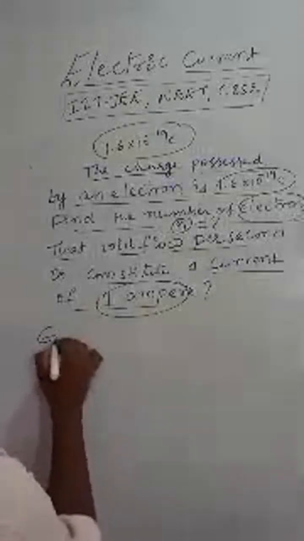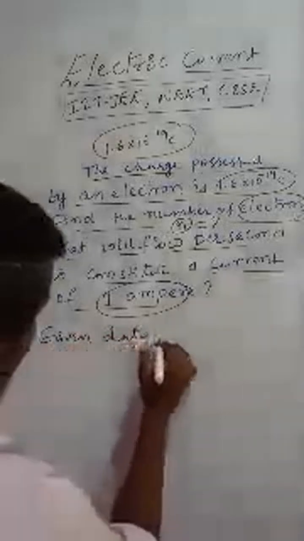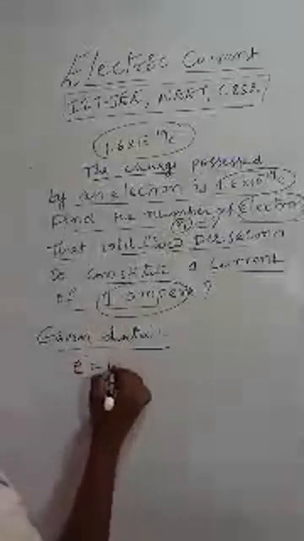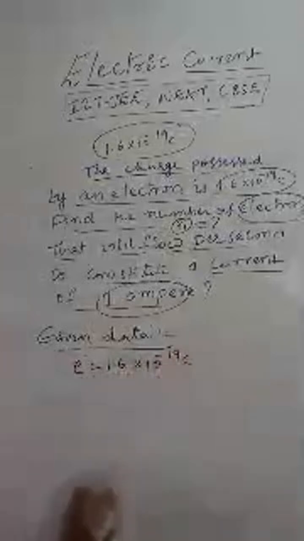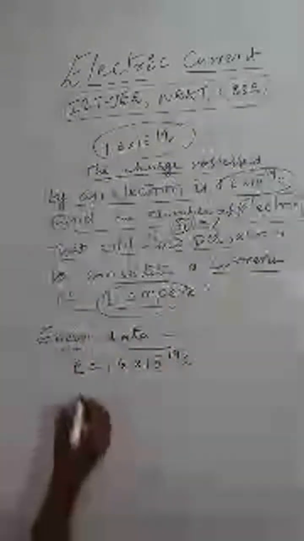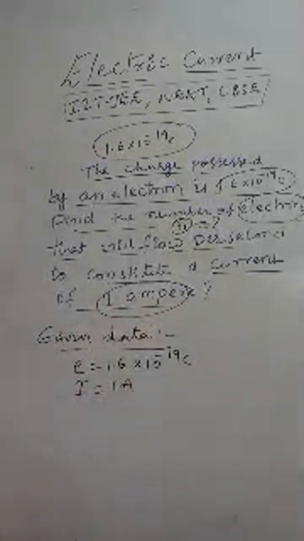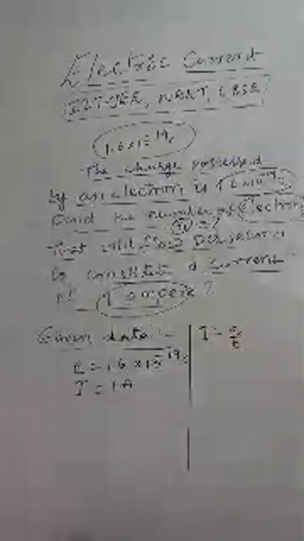So what is the given data? The electron charge is given, that is 1.6 into 10 power minus 19 coulomb, and the current given is 1 ampere. Now we know the formula, I equal to Q by T, and Q equal to Ne.